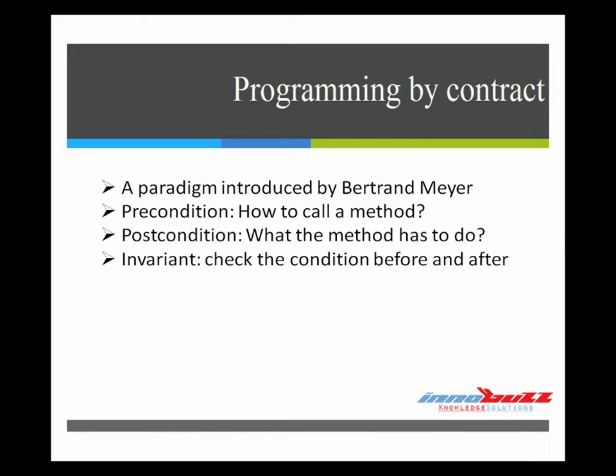So this way we can guarantee that the method has done what we wanted and it didn't mess up the things, our variables, and so on and so on. So this is a contract between the software developer and the user.